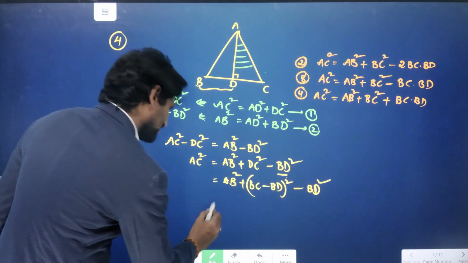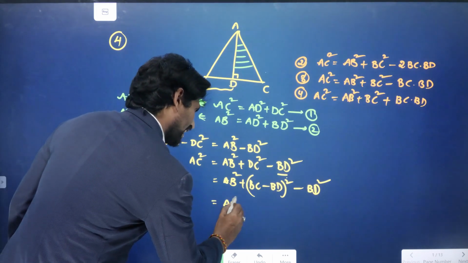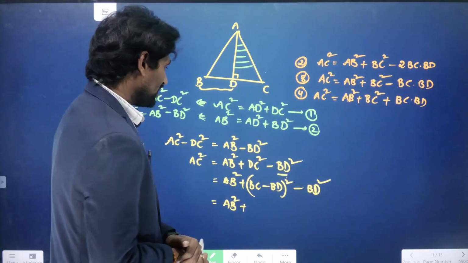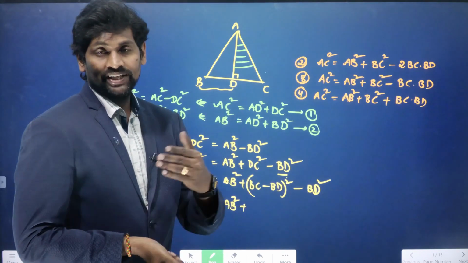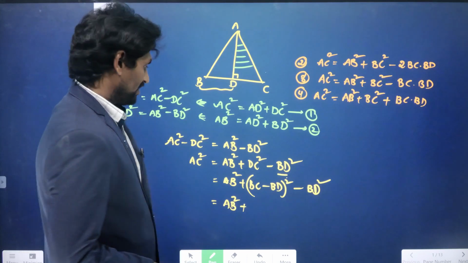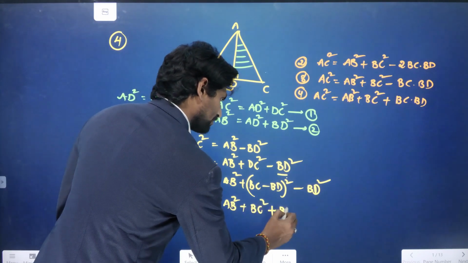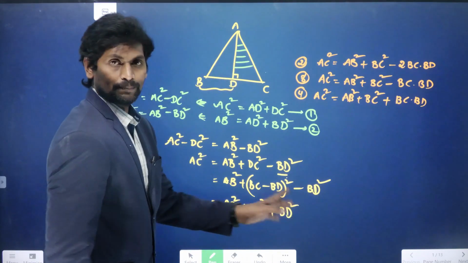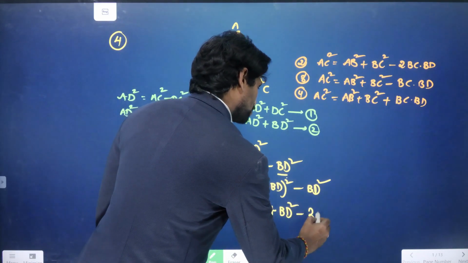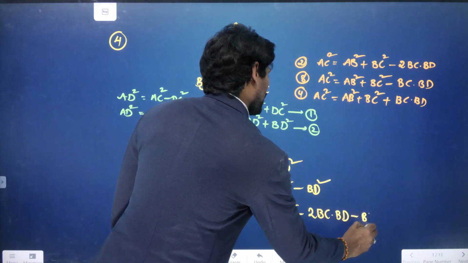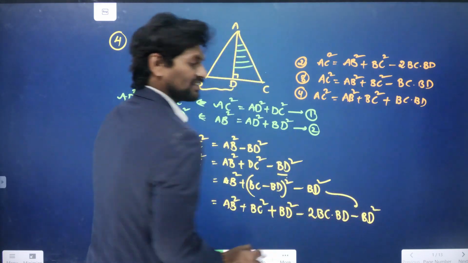Try to expand this. The bracketed term looks like the A minus B whole square formula. What is the formula? A square plus B square minus 2AB. In the same way, BC square plus BD square minus 2BC into BD. And last we have BD square as it is.